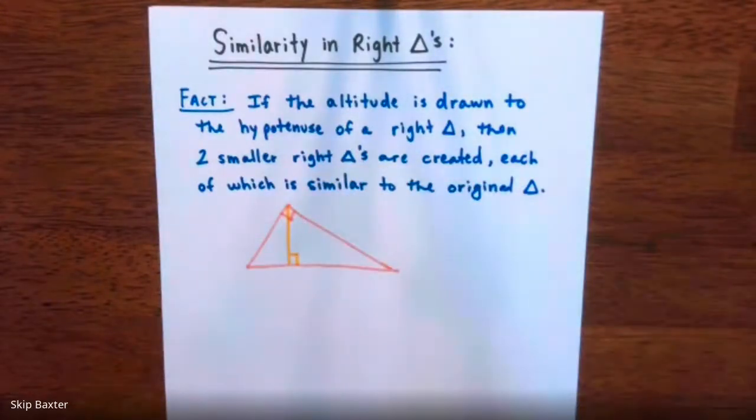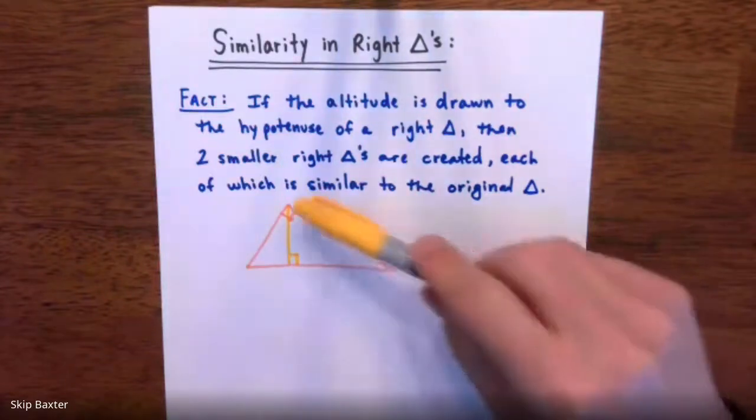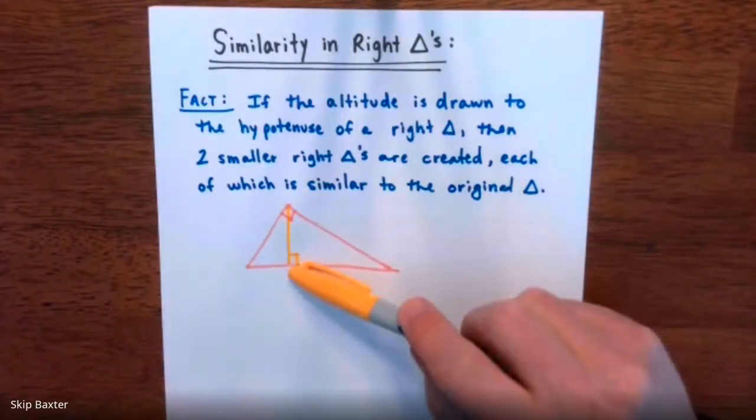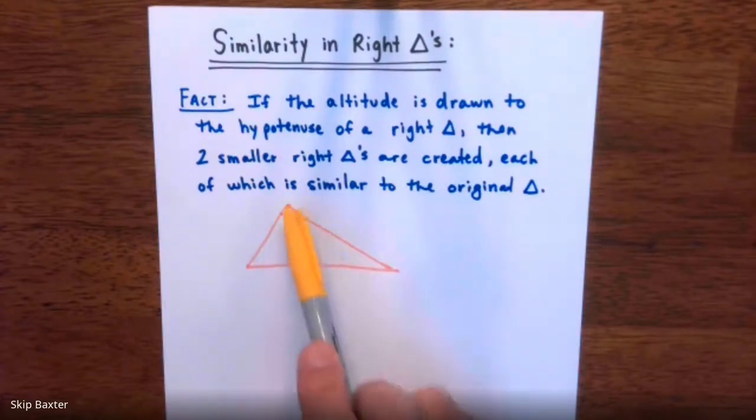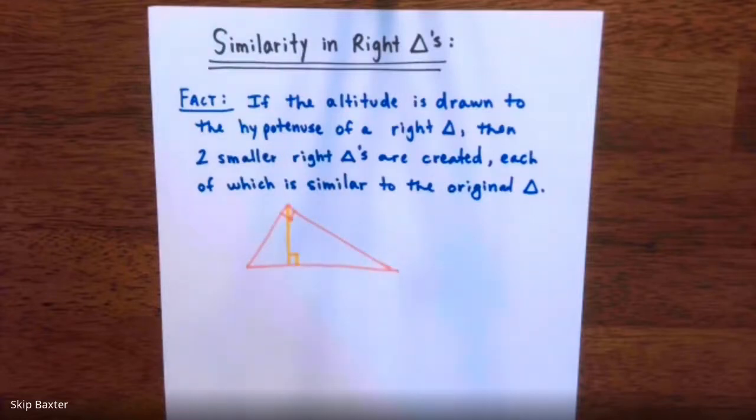Remember, an altitude is a line segment that goes from a vertex to the opposite side perpendicularly. So if the altitude is drawn to the hypotenuse of this right triangle, then you have three right triangles. You have the one on the left, the little tiny one, the one on the right, and then the whole big triangle. Okay, that's the bottom line.